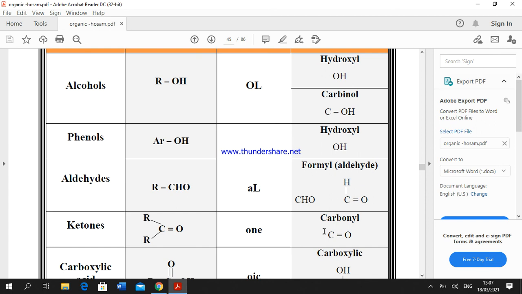And we replace the suffix E of the corresponding alkane by ONE. When the carbonyl group is attached, for example, to methyl groups, the name of the resulting compound is propanone, okay, and so on.